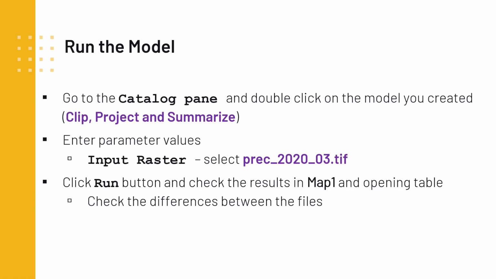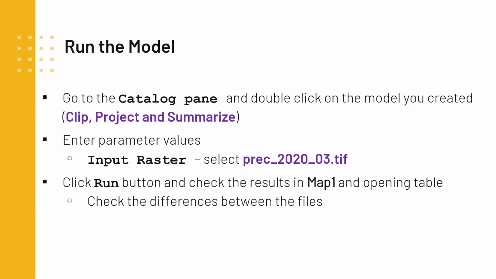This time we're going to run it for the March data for 2020. So what I'd like you to do is go to the catalog pane on the right side. In the toolboxes, you're going to find our model, clip, project, and summarize. When you do that, the tool is going to open. For the input raster, I'd like you to select the prec_2020_03.tiff.